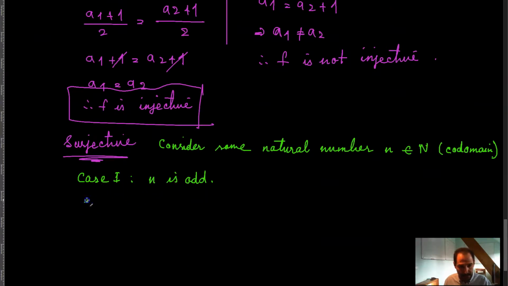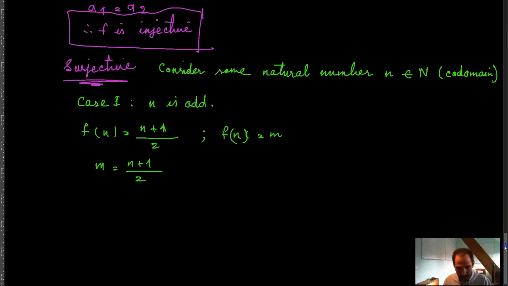You can use f of n is equal to (n plus 1) divided by 2, and let's call f of n, for example, m. That means that m is equal to (n plus 1) divided by 2. And so what that means is that 2m is equal to n plus 1, or n is equal to 2m minus 1.